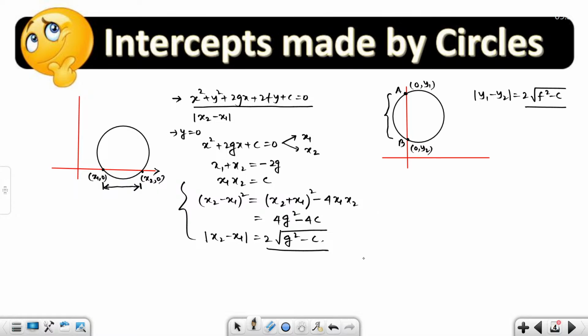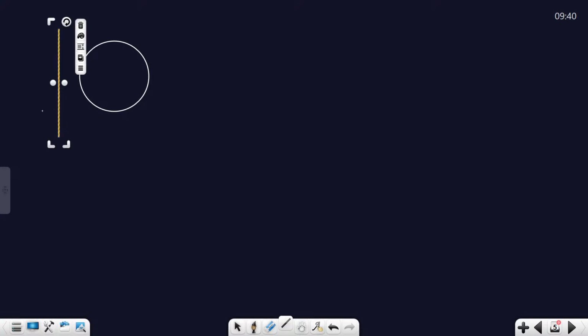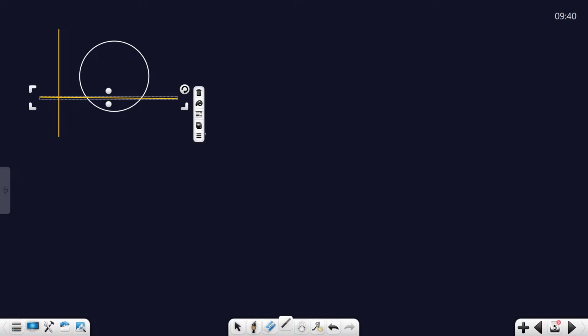Now, a very interesting thing is coming. There is a circle, and let us say it is intersecting the x-axis.